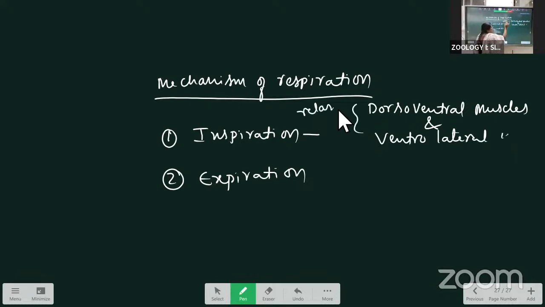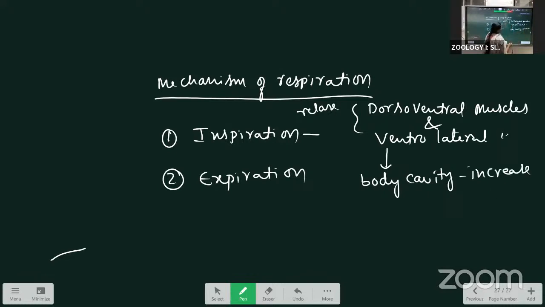What will happen is that inside the coelom, inside the body cavity, when both the dorsoventral muscles and the ventrolateral muscles are relaxed, the body cavity is increased.